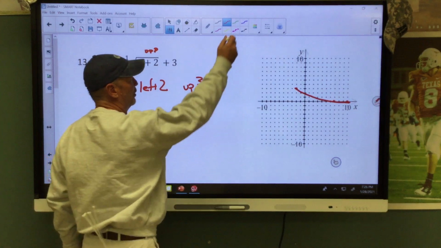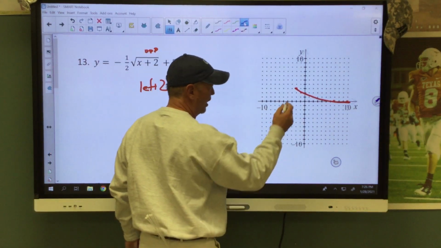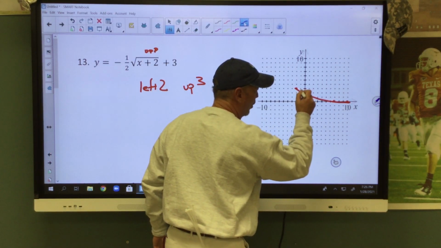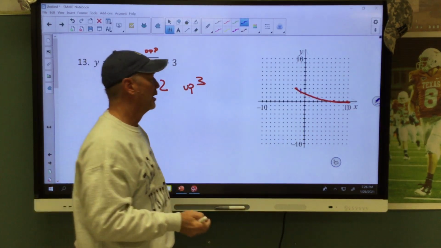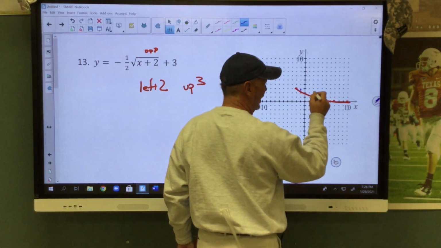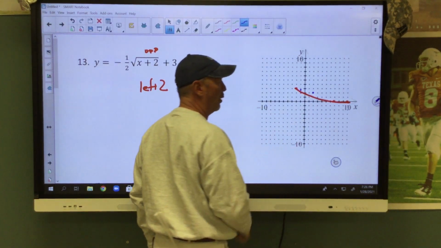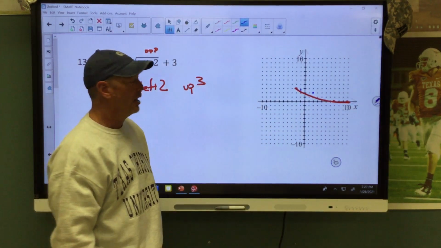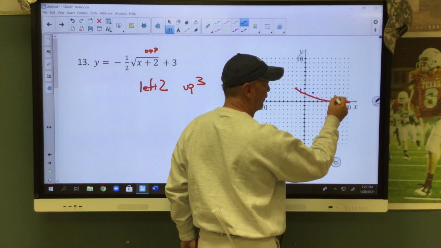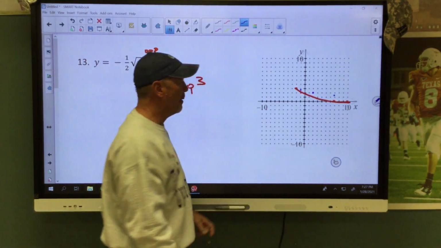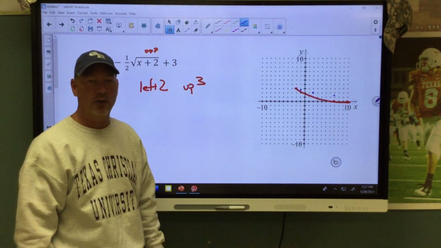So what I'm going to do, instead of the square root of 1 being 1, I want to be half of 1. The square root of 4, instead of being at 2, half of 2 is 1. The square root of 9 is 3, but half of 3 is 1.5. I'm picking half of all of those values.